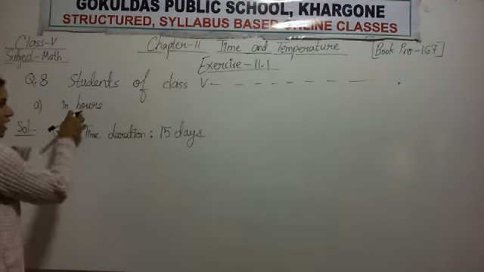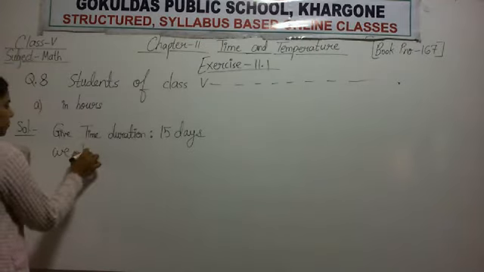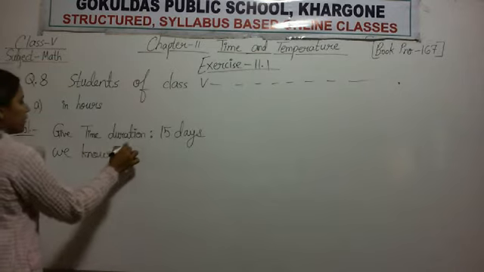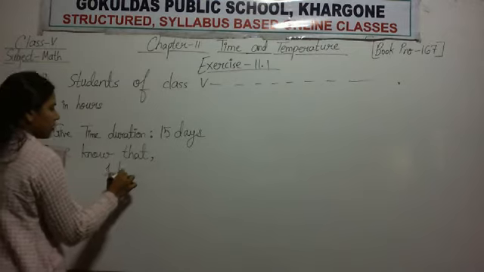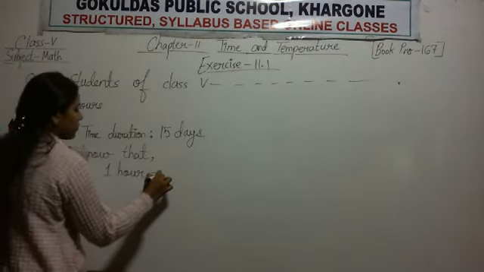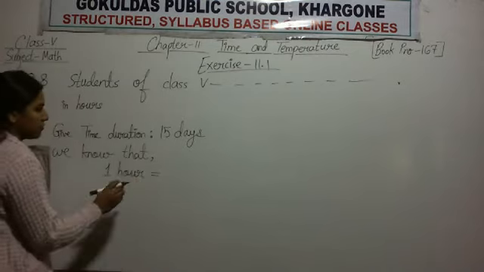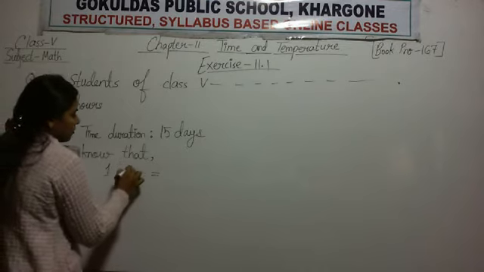So to convert in hours, we know that 1 day is equals to 24 hours.